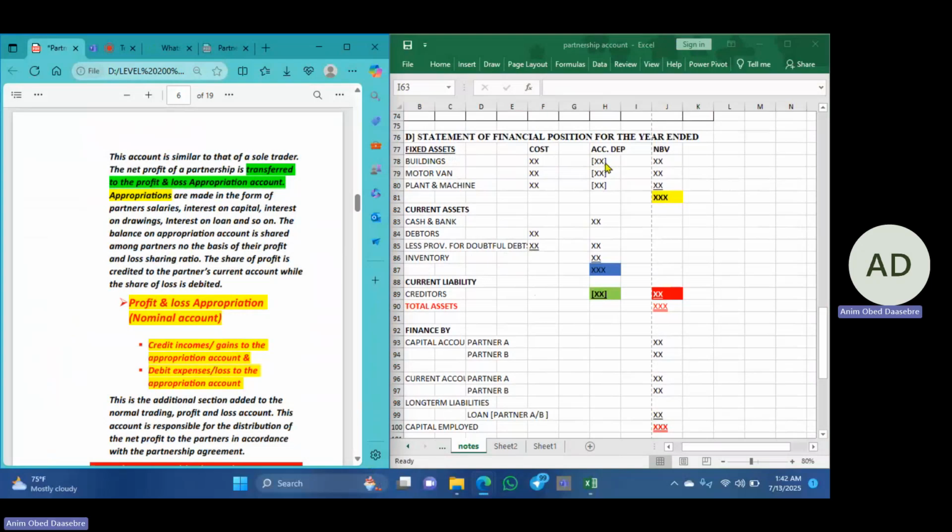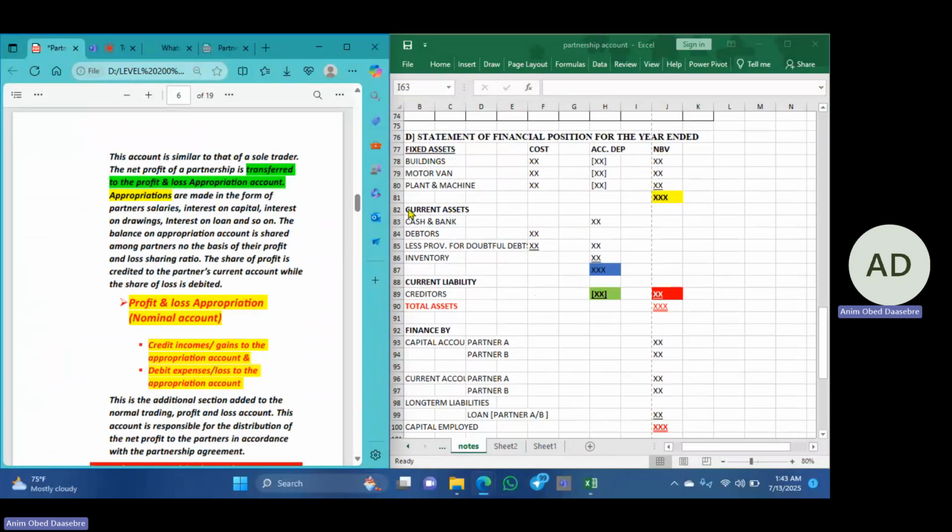You account for it, you subtract it from the cost, you find the net book value for all of them, then you sum up their totals, then you underline it as I have done it on the Excel. The yellow balance is the total for all the net book value of the assets, the fixed assets.